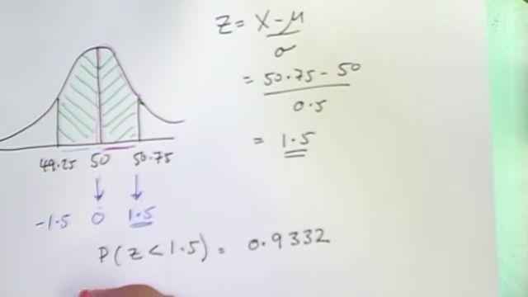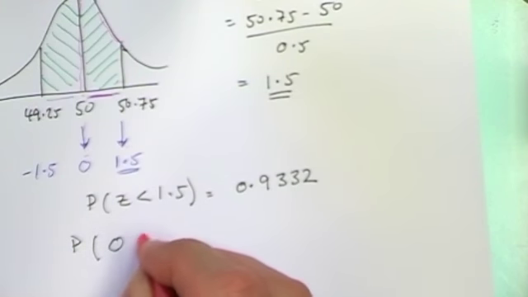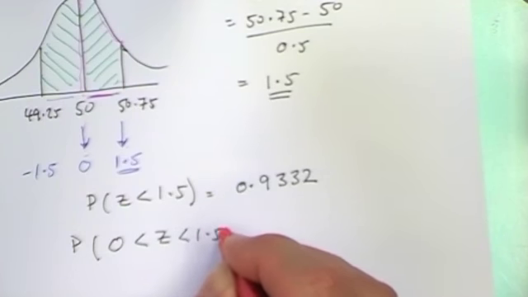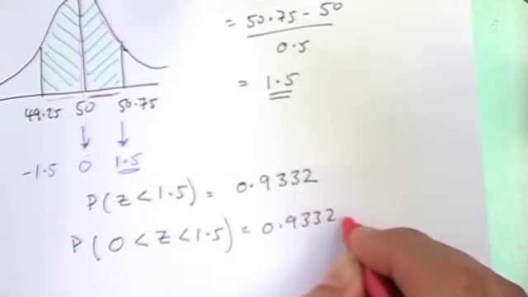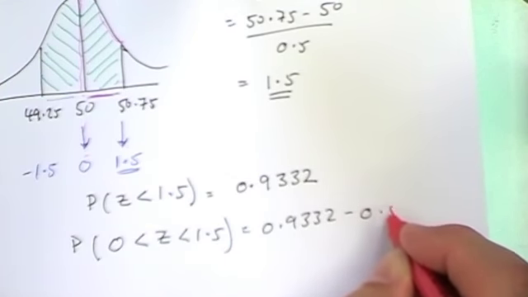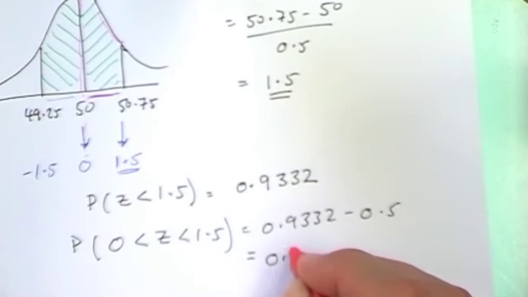So the probability of Z being between 0 and 1.5 is going to be that whole region, take away 0.5, which is going to equal 0.4332.